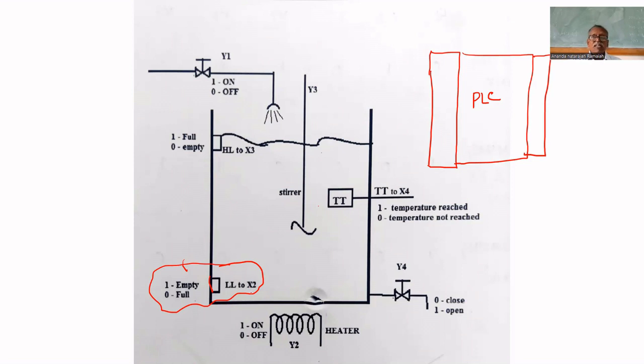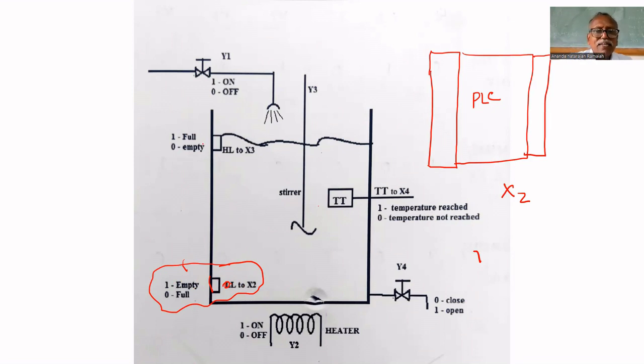That proximity switch will be fitted at the bottom of the tank. It will give 1 if the tank is empty, and 0 if the tank is not empty. Therefore, one of the inputs is X2.